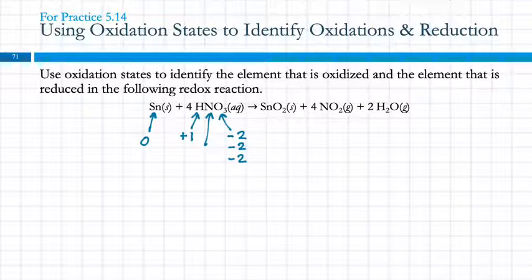That's a +1, so it's got to be a +5. I have 1 hydrogen with a +1, 1 nitrogen with a +5, that's a total of +6, and then 3 oxygens that are each -2. And so all of these numbers add up to 0.